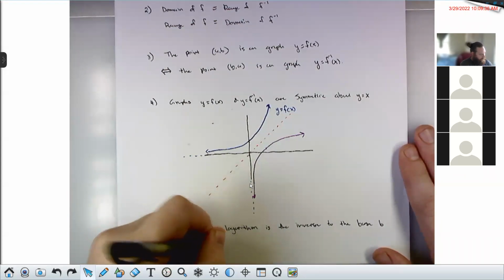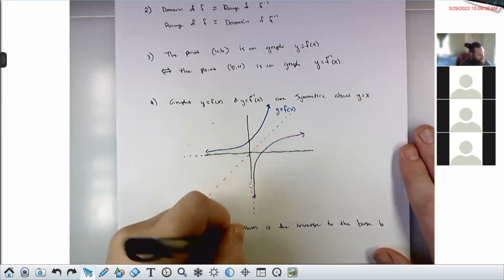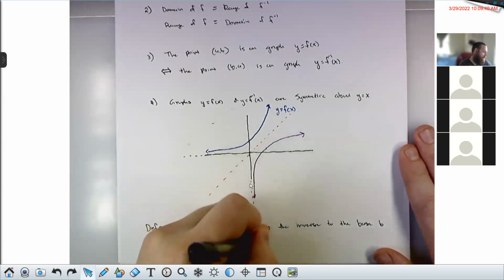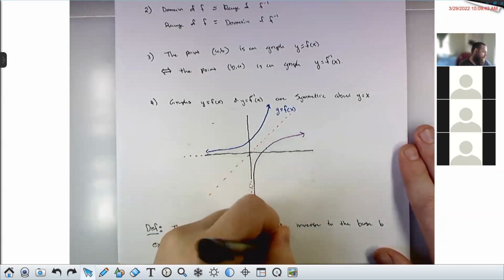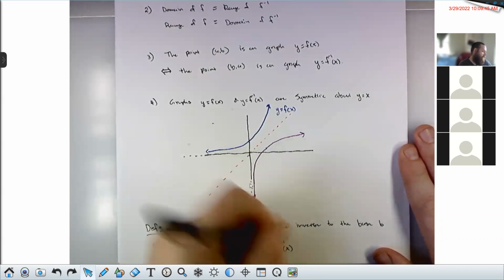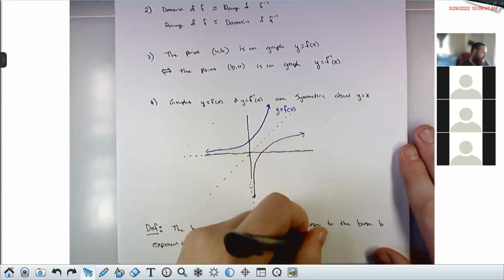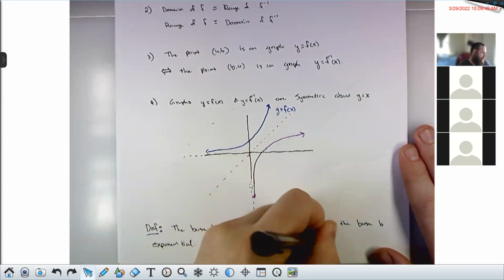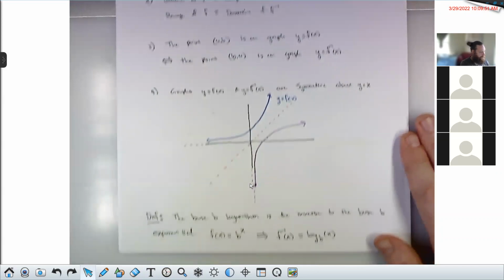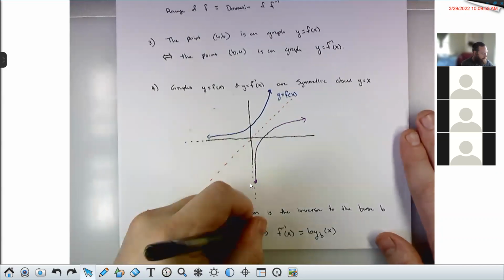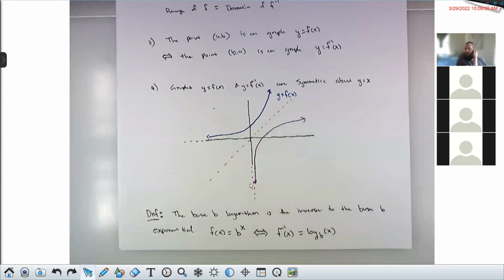If f of x is just b to the x, then the inverse to that function we write as log sub b of x. And really this is an if and only if. We should think about it as being the thing that sends the outputs from this function back to the inputs from which they came, right? That's what inverse functions do.